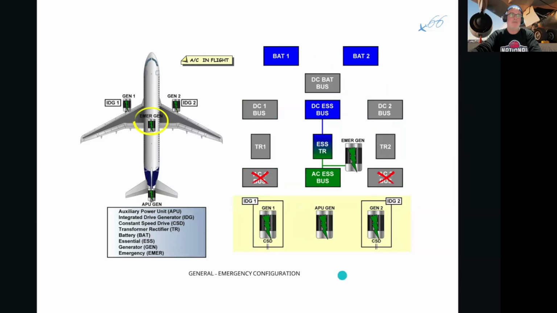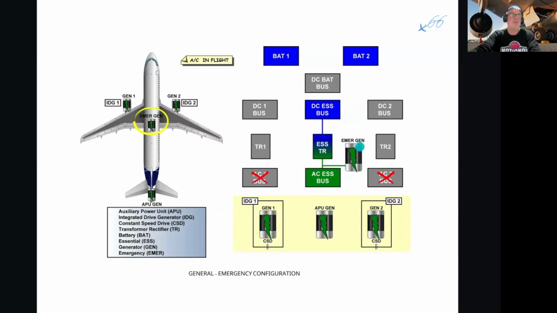There is also an emergency configuration. If I lost AC bus 1 and AC bus 2, then I would have none of all this. In that case, an emergency generator will automatically supply the AC essential bus directly. It can't come from AC1 now because AC1's not working.